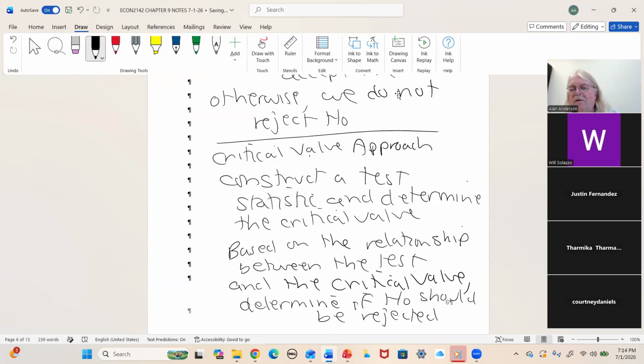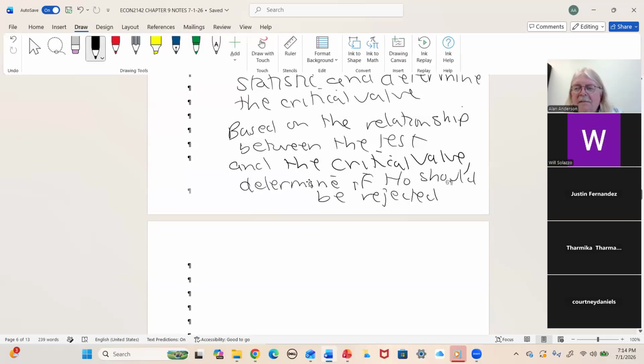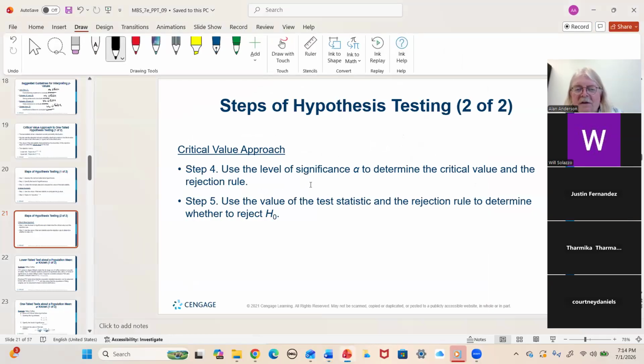So again, we'll see how that works when we get to some actual examples. Right now, I'm sure it's seeming very abstract. It won't stay like that very long.